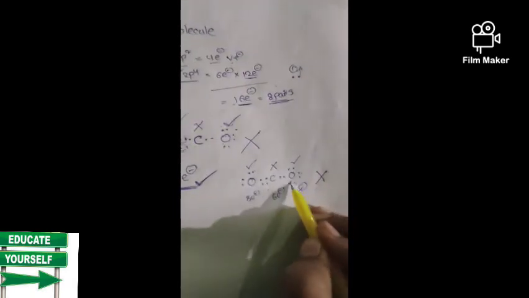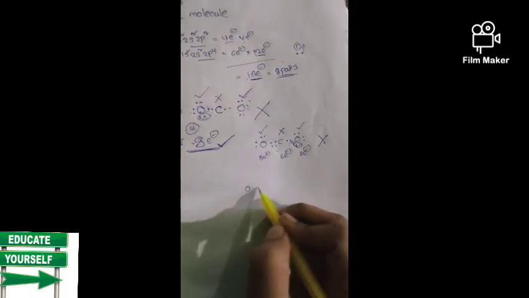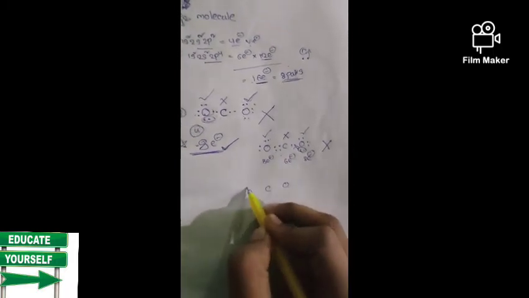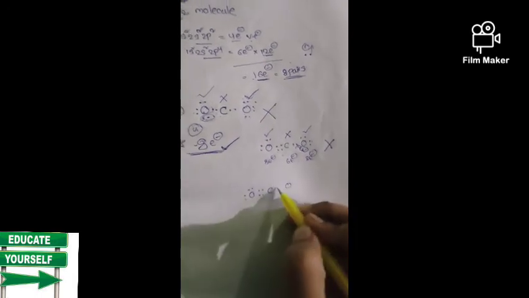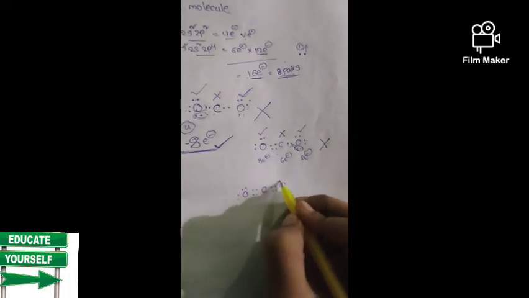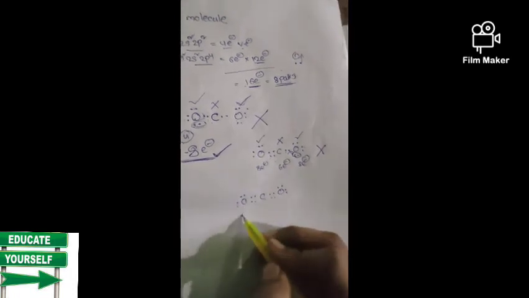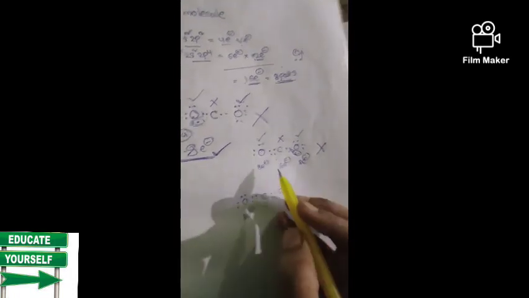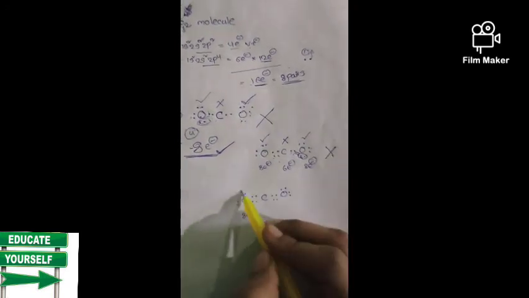Now let us send this pair to here. After sending, the new structure is oxygen, carbon and oxygen. Here are 2 electron pairs, and here 2 electron pairs, and this shared pair, and here also 2 electron pairs. Now let us count again. 1, 2, 3, 4, 5, 6, 7, 8 electrons here, so it got octet configuration.